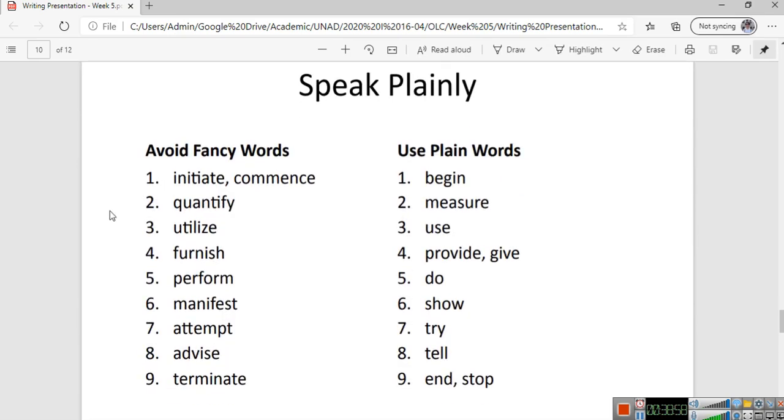So, Dania, please read the fancy words list. Initiate or commence, quantify, utilize, furnish, perform, manifest, attempt, advise, terminate. Very good. Now, Laura, please read the plain words.